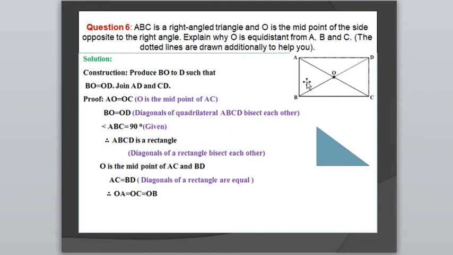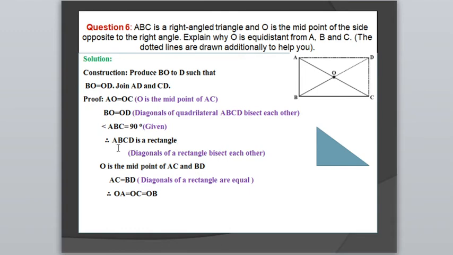Then it is given that angle ABC is equal to 90 degrees. It is given in the question that ABC is a right angle triangle, which means angle ABC equals 90 degrees. If this angle is 90 degrees, then we can say the remaining angles are also 90 degrees, and here the diagonals are bisecting each other, so we can say it is a rectangle.